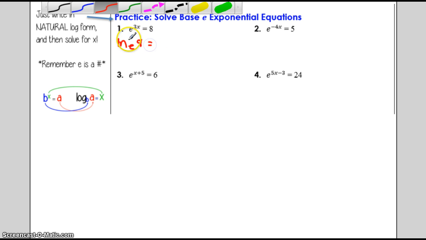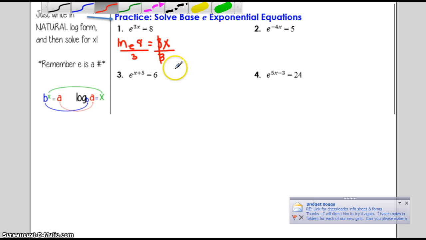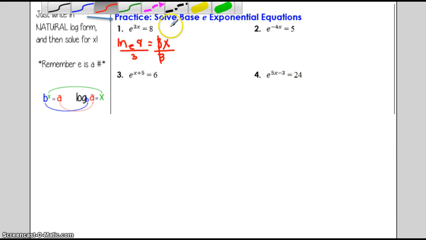We're just going to rewrite it in exponential form, or logarithmic form in this case, kind of, equals 3x. So we can go ahead and divide by 3 here, divide by 3 here, and then we can use our calculator for this one if we get x by itself. So typing in natural log of 8 divided by 3, because we don't really need that base of e, that's the one that we know that it is. So just typing that into our calculator and get 0.693.